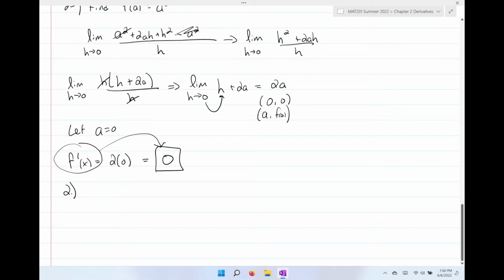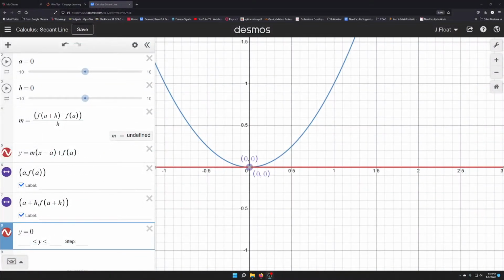But now the question becomes, let's find the equation of the red line. Now, let me go back to the curve real quick. We already know what the answer is. It's y equals 0. I typed it in.